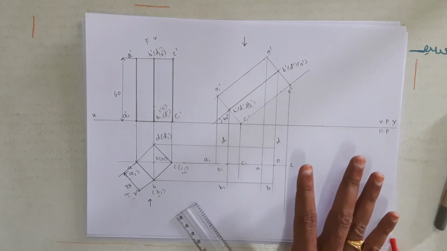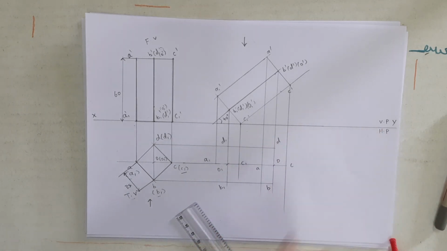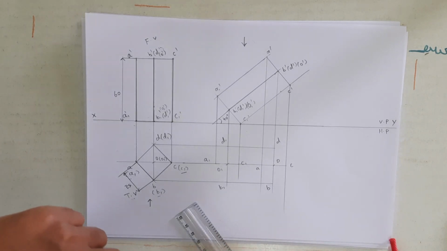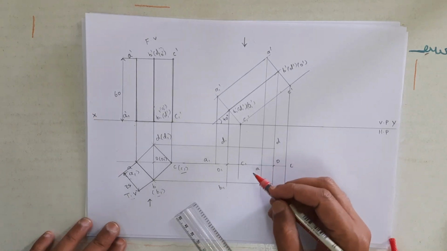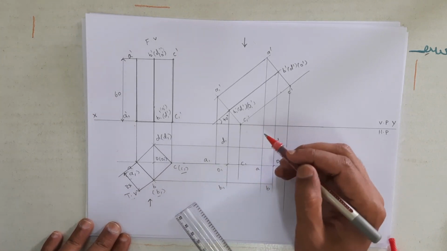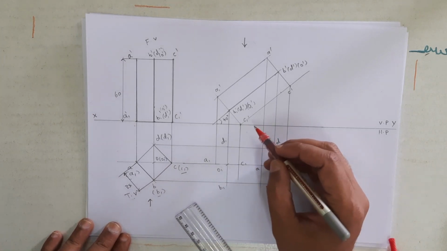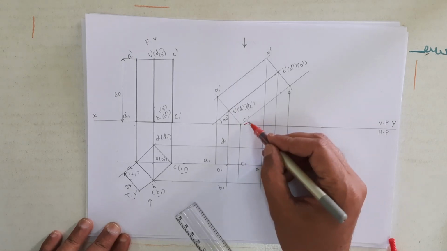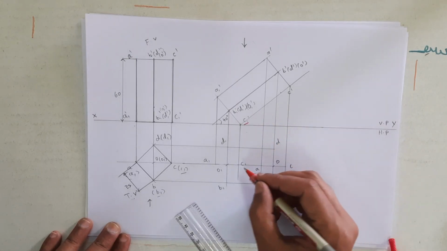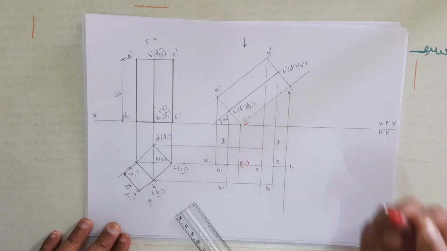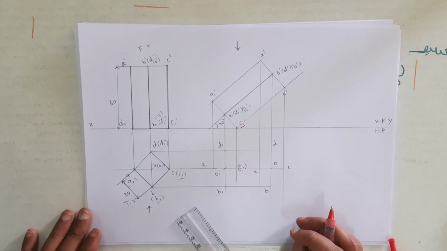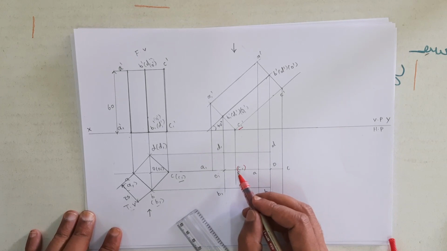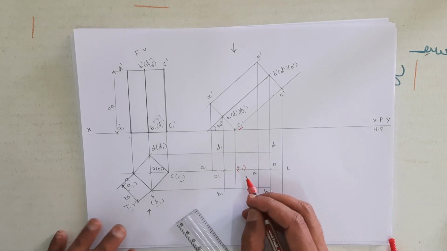There are different rules to draw the visible and invisible edges. So let me explain it step by step. What is the first step? You have to identify the resting edge or corner. In this case, the square prism is resting on one of its corners, which is corner C1 dash. So the resting corner must be in bracket. Any lines which are going from this C1 will be invisible.